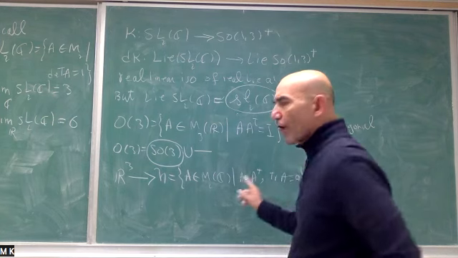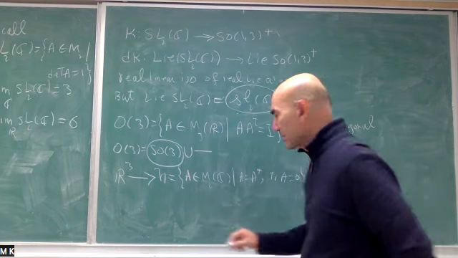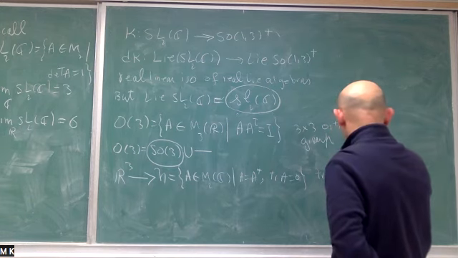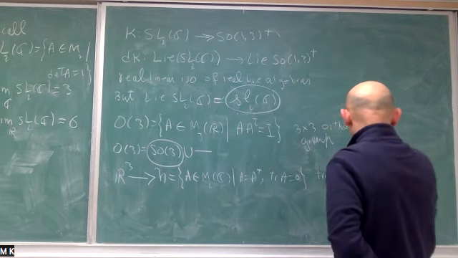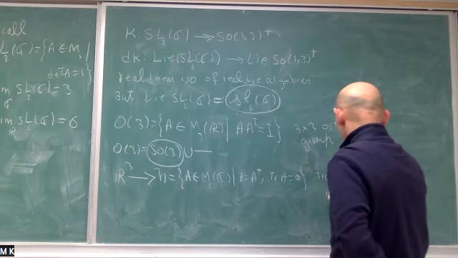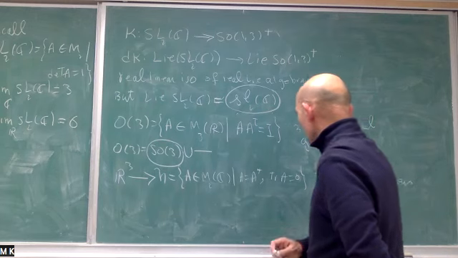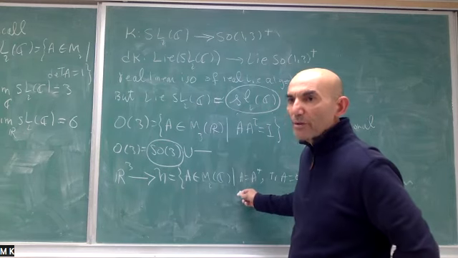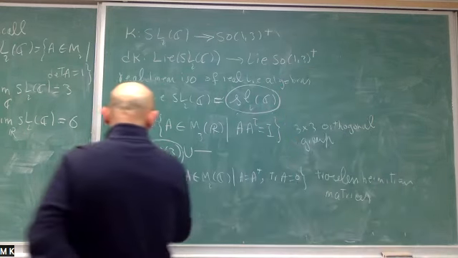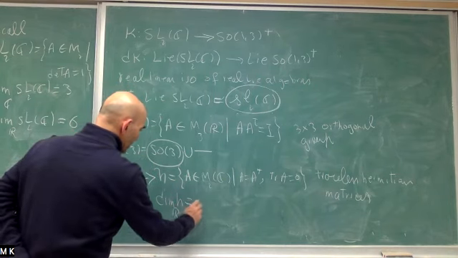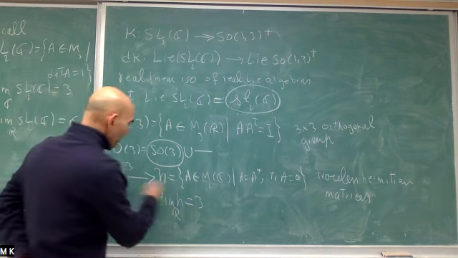So these are traceless Hermitian matrices. Obviously, this is also a three-dimensional space. The dimension of H over R is 3, and the map is defined in the following way.